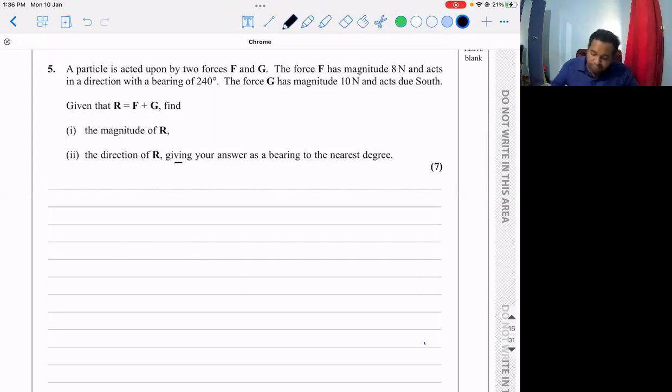Okay, fine. So in this question, first of all, we have to draw a schematic sketch. So this is our north and south direction. This is north.